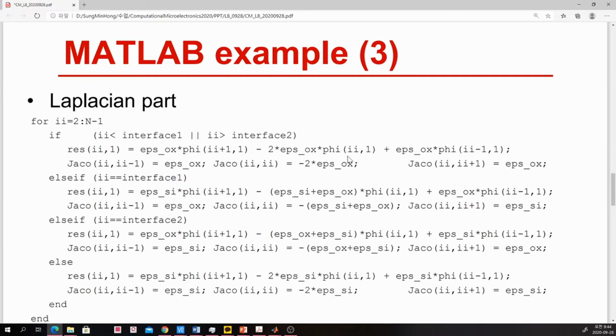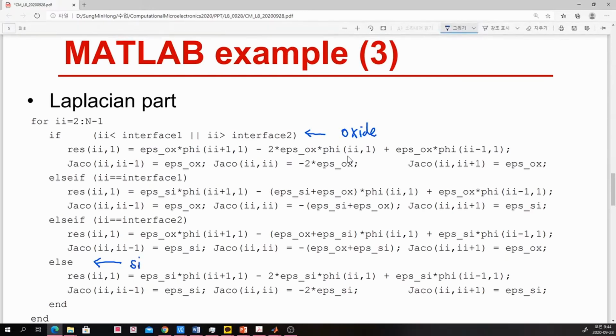So this first if statement just says that it is purely oxide, and the last case corresponds to the purely silicon case, and in between we have two boundary values corresponding to interface 1 or interface 2.